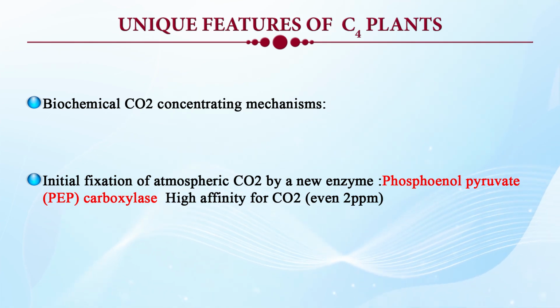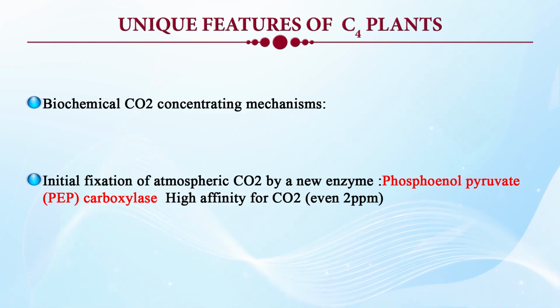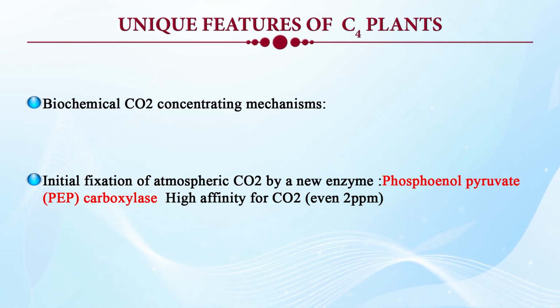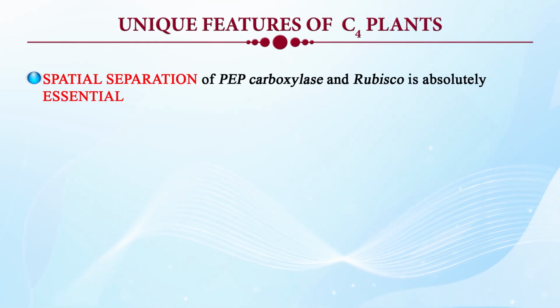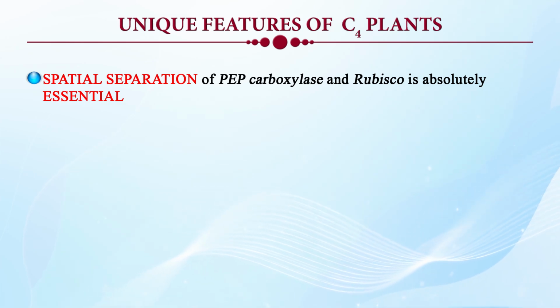It can even trap CO2 at a minimum level of 2 parts per million. You remember the enzyme rubisco, its threshold would be only 50 ppm, and below that it would start functioning as an oxygenase.